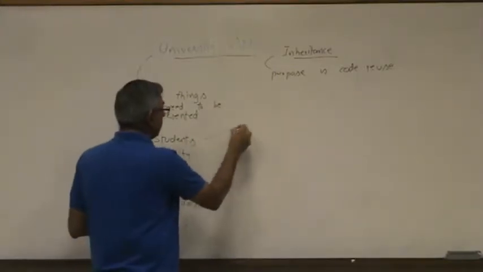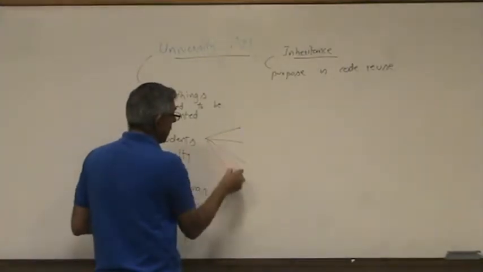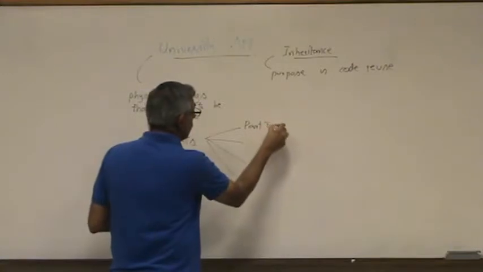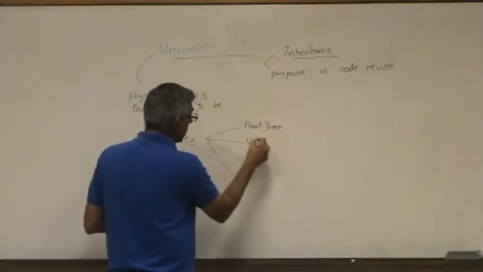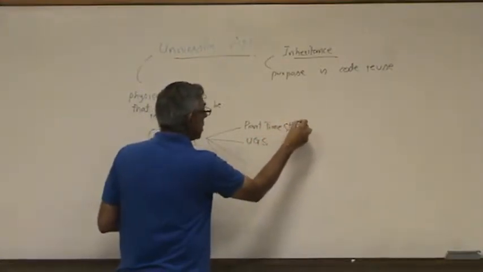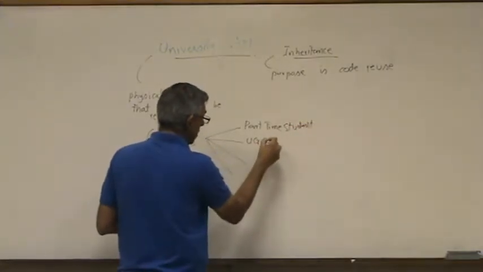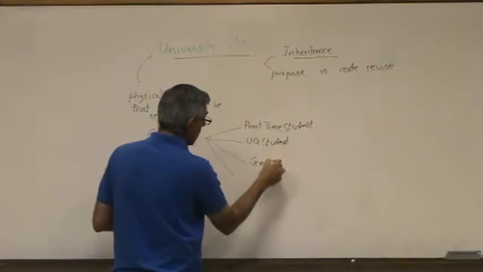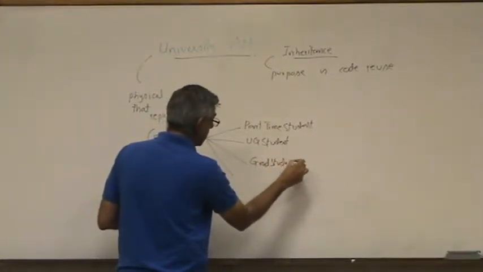We further discussed last time that we may have many different kinds of students. For example, we may have a part-time student, we may have an undergraduate student, we may have a graduate student, we may have a PhD student.